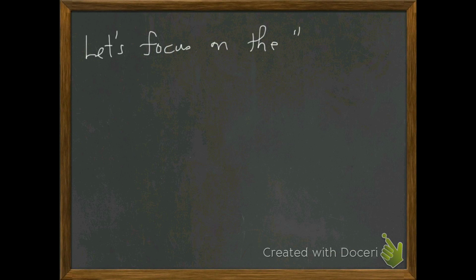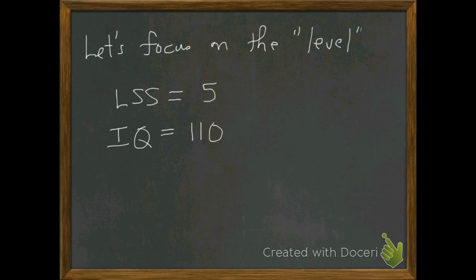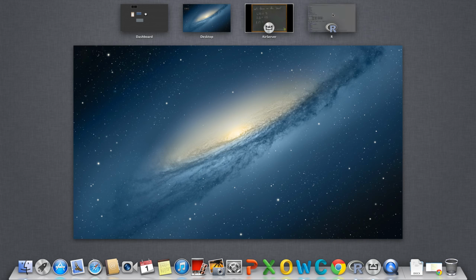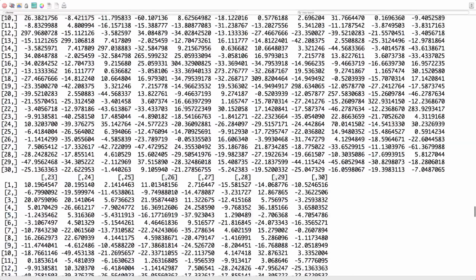the level where someone has an LSS of 5, an IQ of 110, and an EST of, I don't really even remember what these things were, where they were even close to be honest with you.